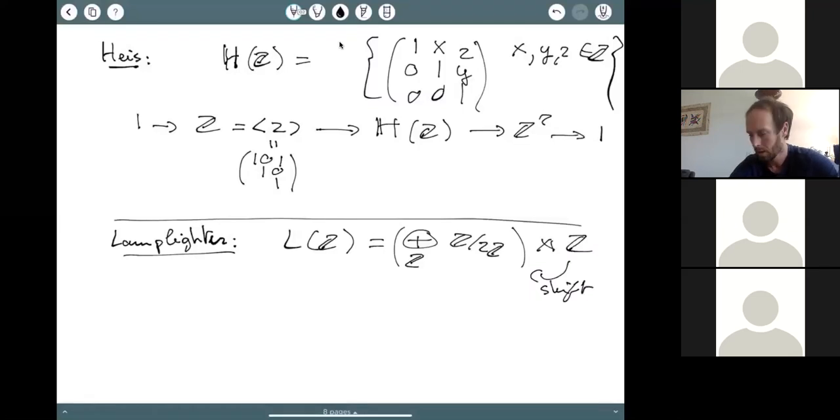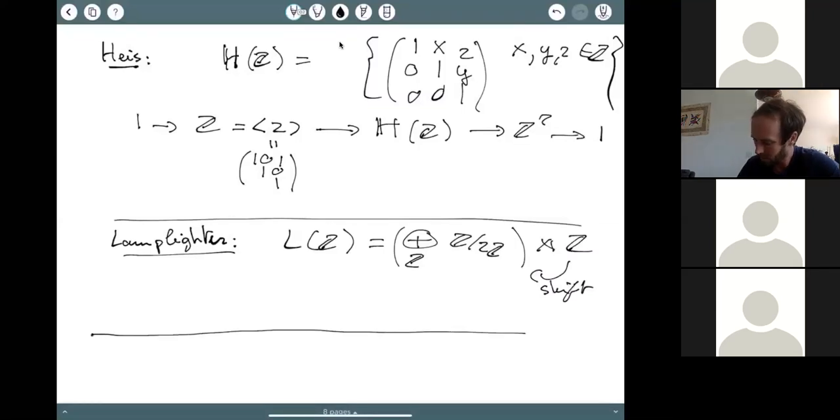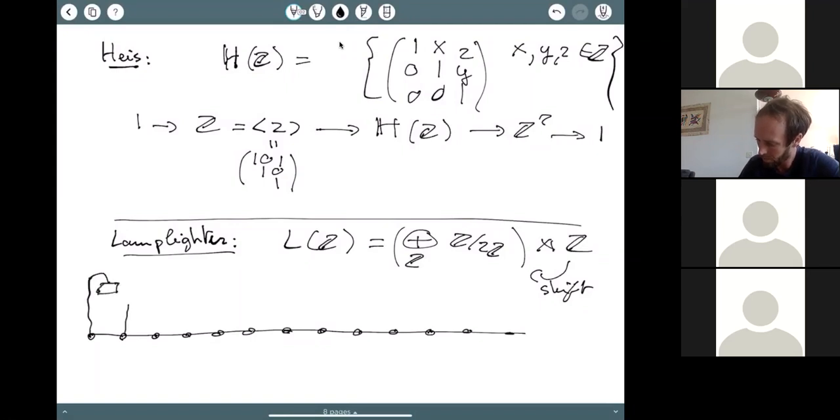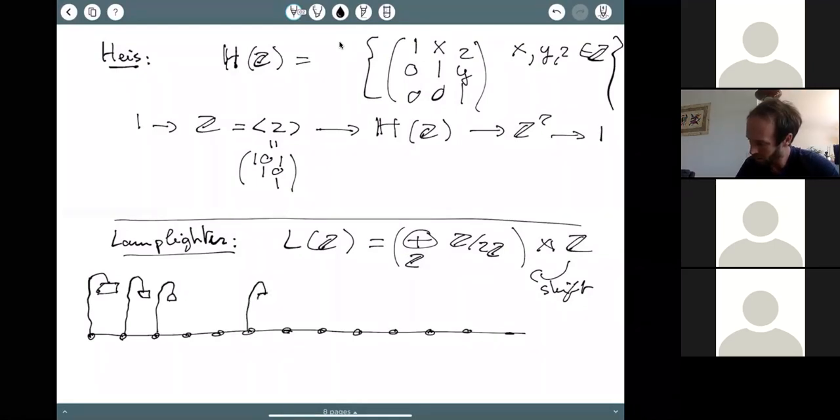And it's common to describe the lamplighter in a nice pictorial way, where we draw a line, which is Z again. On top of every point on Z, you draw a lamp. Sorry, my drawing is not very beautiful. And so on. You draw one on each one of them.